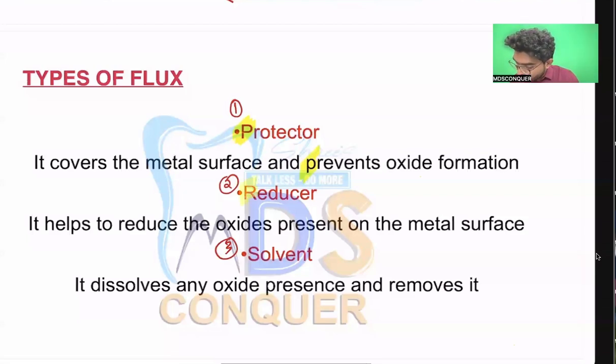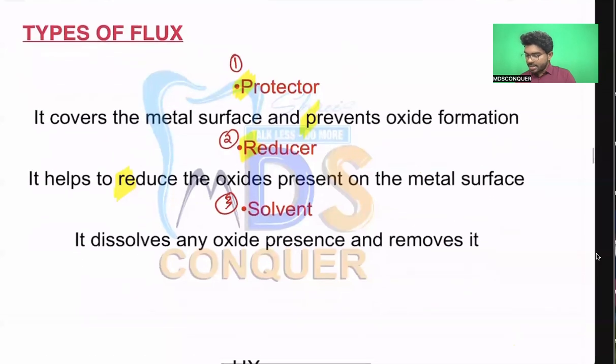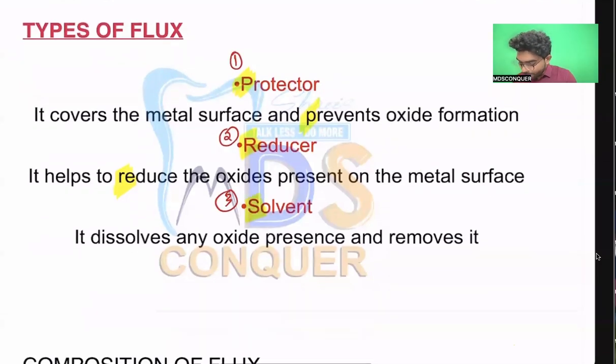Next one, reducer, R. Reducer is reducing the oxide layer formation. S for S. Solvent flux is dissolving the oxide layer that is being formed. So there are three types. Protector is preventing the oxide layer formation. Reducer is reducing the oxide layer formation. Solvent is dissolving the oxide layer formation.